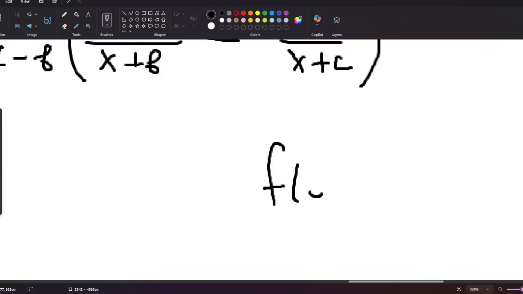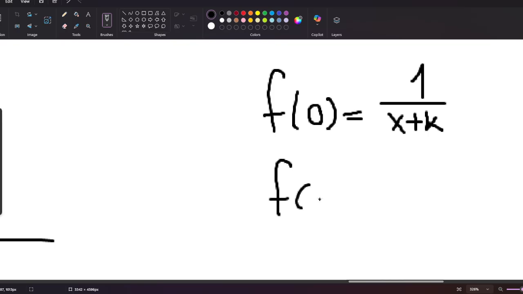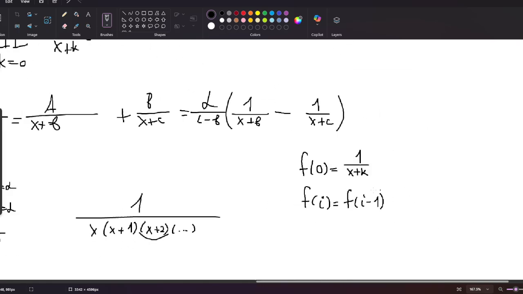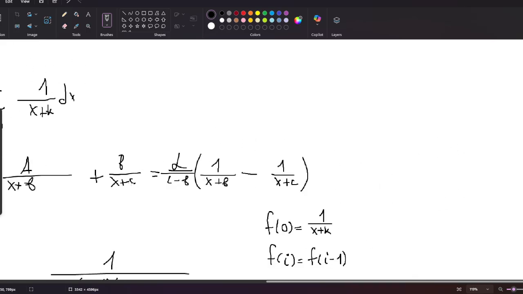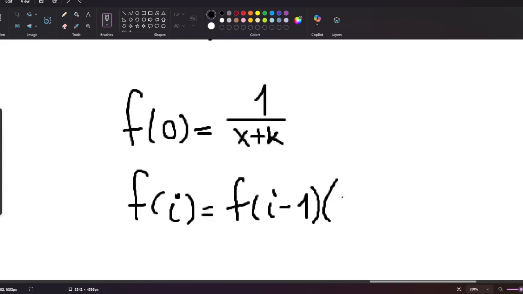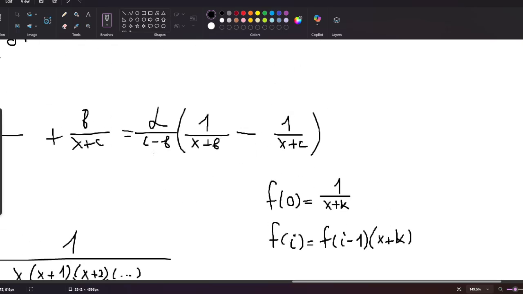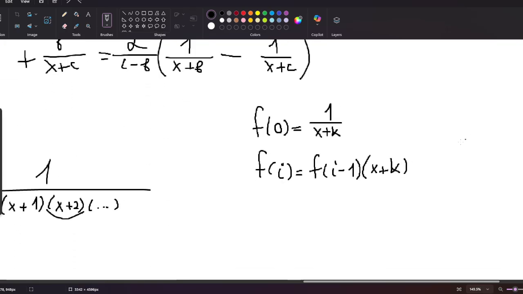Say f of 0 is just 1 over x plus k, and f of i is f of i minus 1 times the next factor. Now, to get the previous coefficient that we had, alpha, we multiply this by x plus k. Next, now that we have alpha, we have to divide it by c minus b.